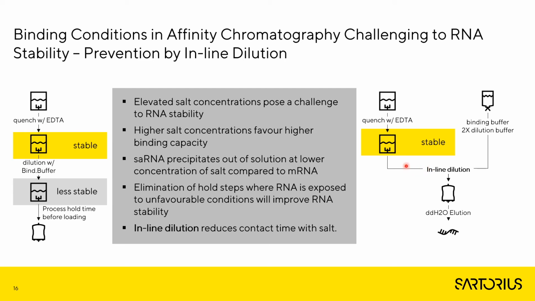So on our chromatographic system, we have on one pump the quenched IVT reaction, and on the other pump a 2 times dilution buffer or a binding buffer, which we then apply in a gradient mixing approach, where our IVT reaction will be mixed with the dilution buffer and reach the column with only seconds of contact time, or not even seconds of contact time between the high salt and the RNA sample. And this reduces this contact time with the high salt, allowing us to have better stability of the RNA and robustness of the RNA process.